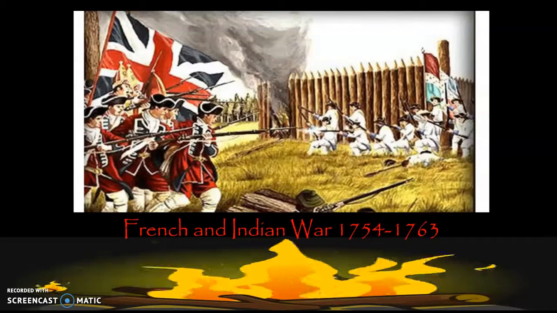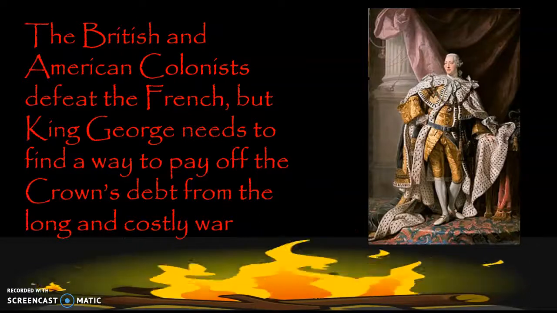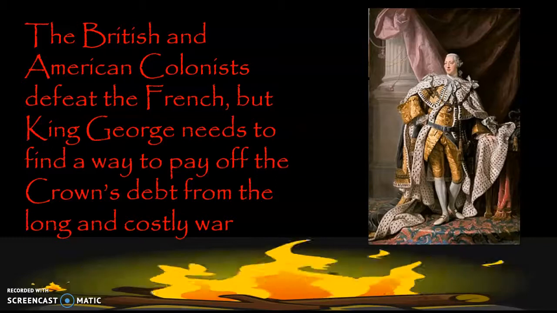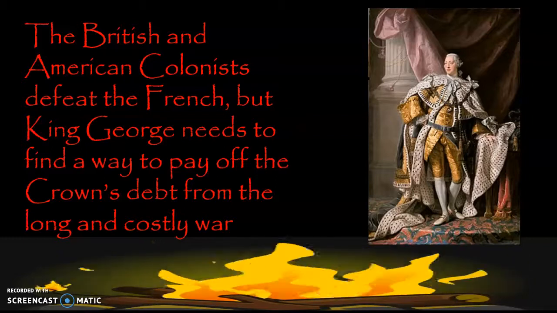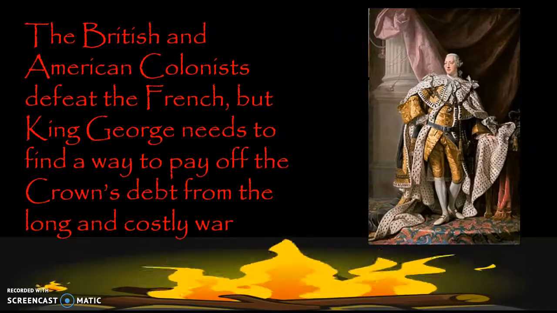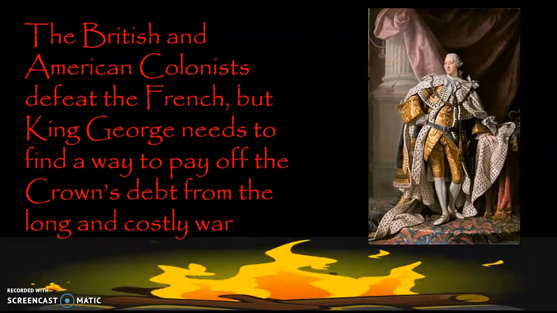But in 1763, the British finally win, and King George is successful, and the British acquire a bunch of new territory, the Ohio River Valley, and all the way to the Mississippi River. All of that becomes British. And so King George has another problem after his victory.